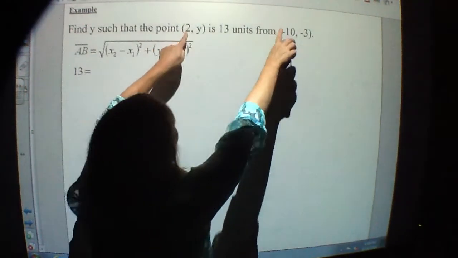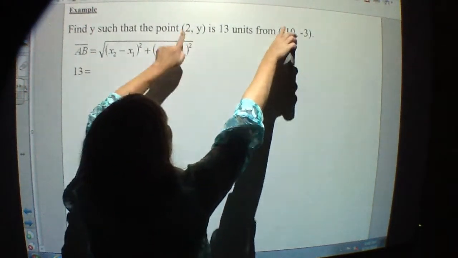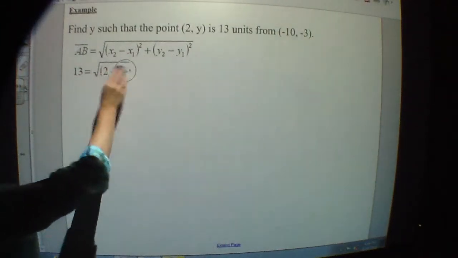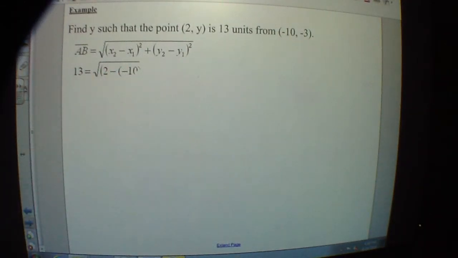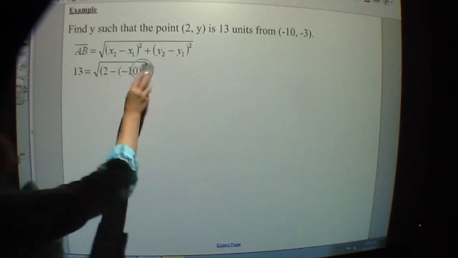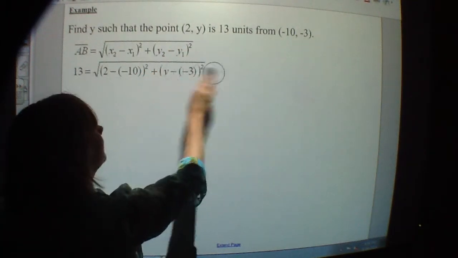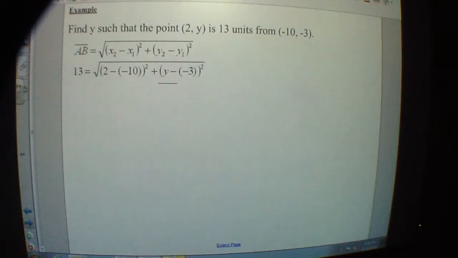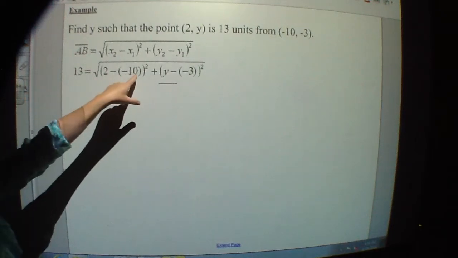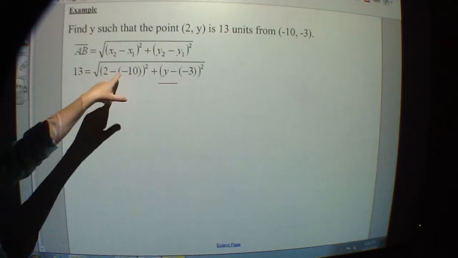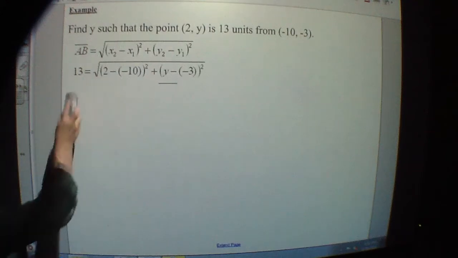So I can either do 2 minus a -10 or -10 minus 2. It does not matter which way I do it. And I'm going to do it 2 minus a -10. That quantity squared. And then I'm going to do y minus a -3. Quantity squared. 2 minus a -10 squared is 2 plus 10, which would be 12 squared.